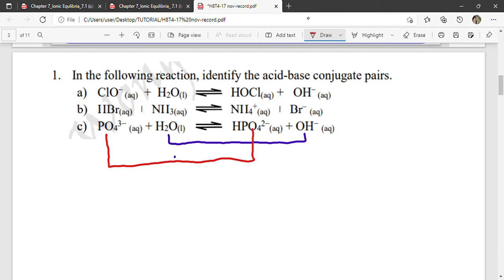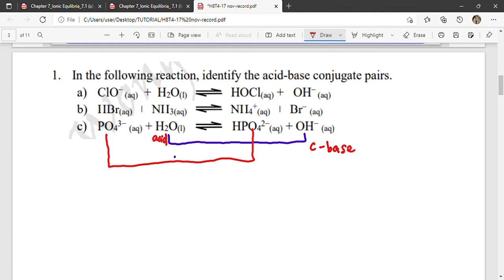H2O donates its proton, so H2O is the acid, and OH minus will become the conjugate base.